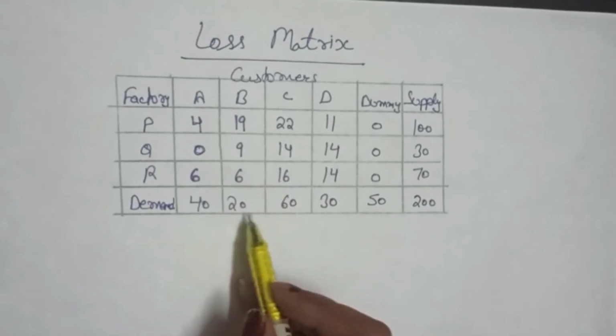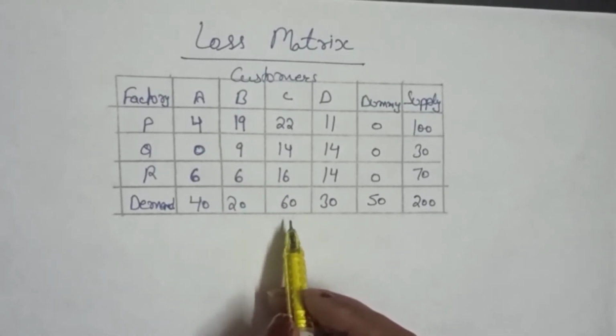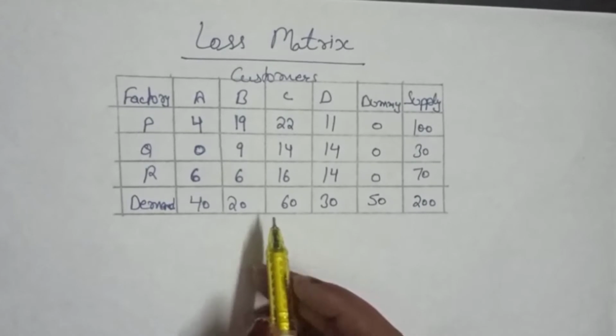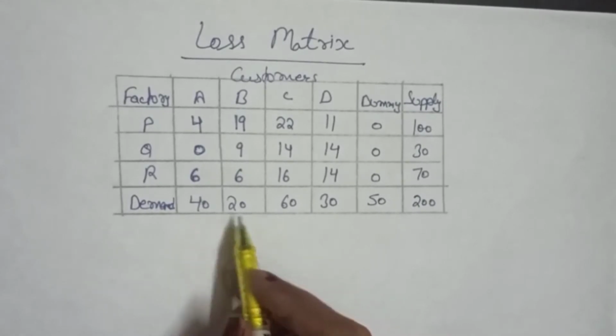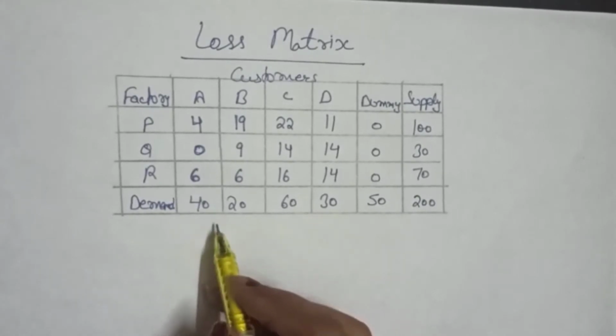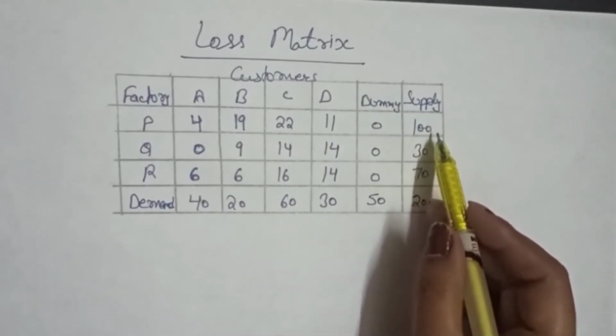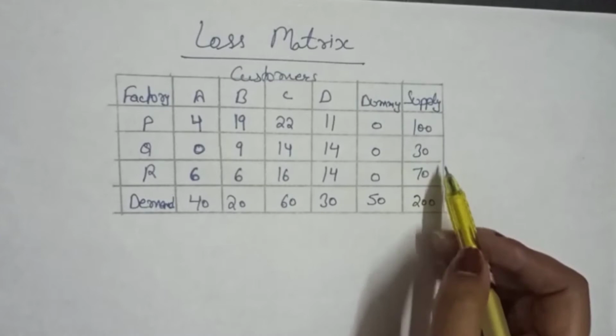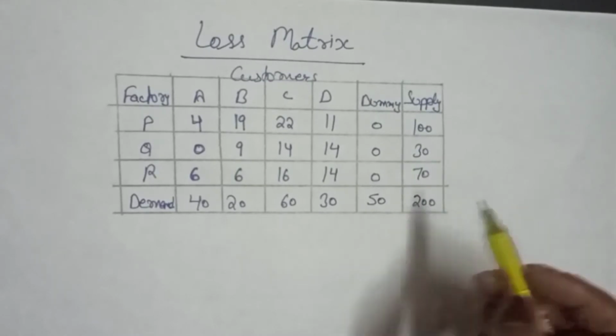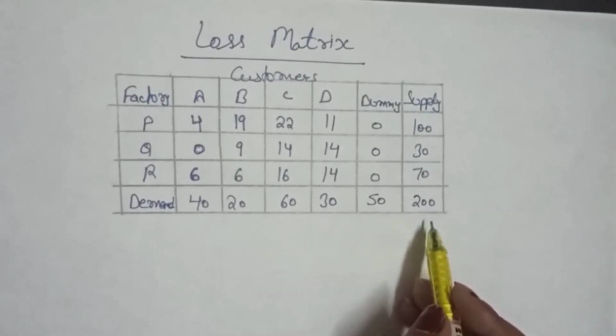You can see, students, this is our unbalanced problem. As we have demands of 40, 20, 60, 30, the total of these demands is 150. And here we have supplies 100, 30, 70, and the total of these supplies is 200. So 150 and 200 are not equal.